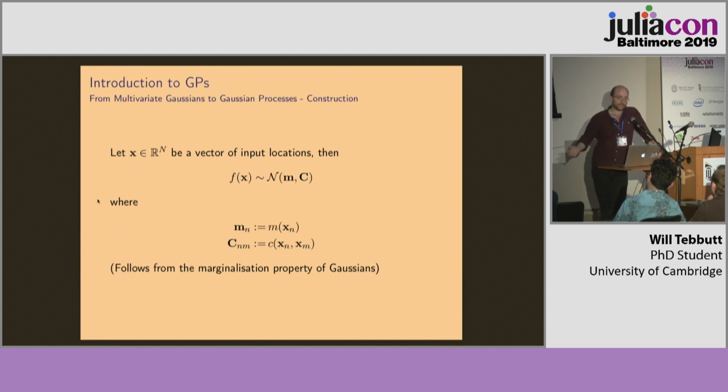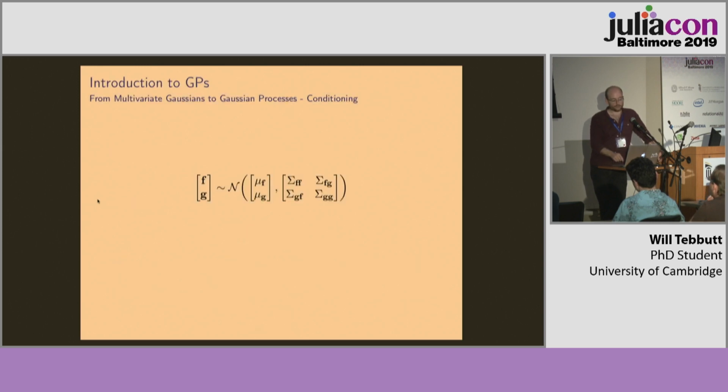That will be normally distributed, so it's just a finite dimensional normal distribution again, with some mean vector M and some covariance matrix C, which is given by the mean function and covariance function. So the point here is that we've got rid of all this infinite stuff, and we can just work in finite dimensions. If we want to make predictions at some points, we can do that, conditioned on having some observations at some points, and that also drops out from textbook Gaussian properties.